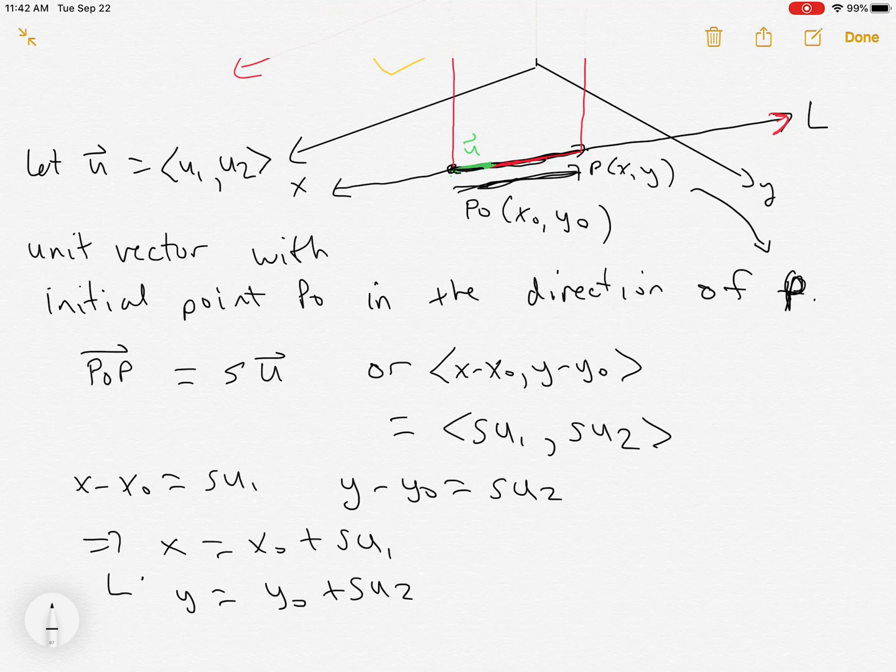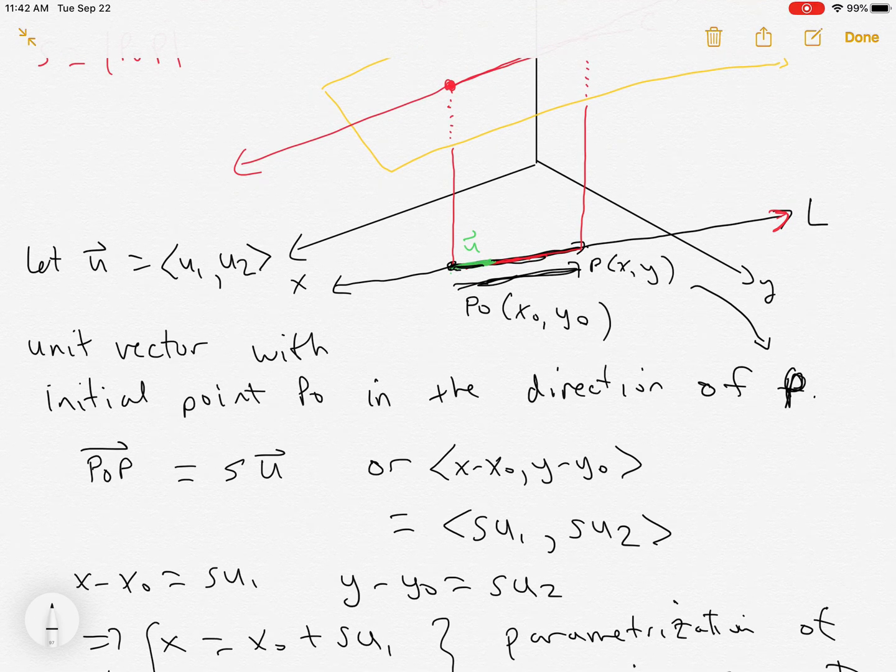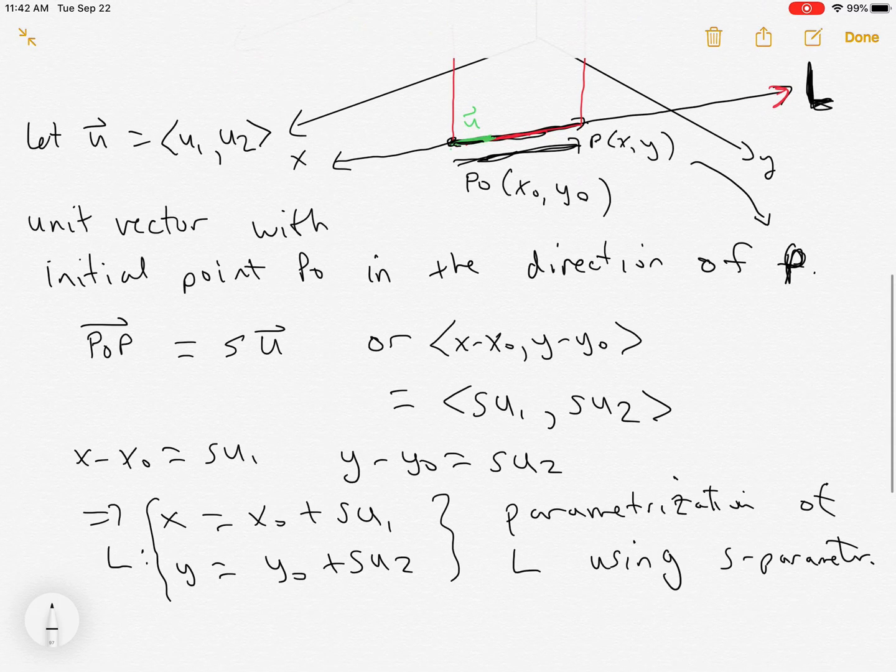Okay, this should look very familiar. We're working in the XY plane, so there's no Z coordinate. But this is just a parametrization of L using this S parameter. So what I've done is I've just parametrized this L using this S parameter.